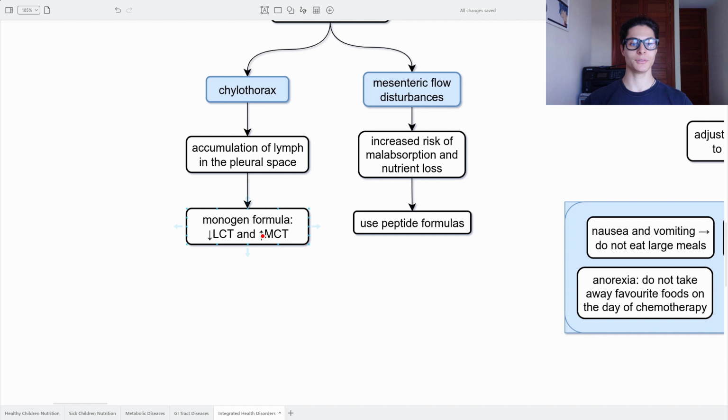Because if we don't do this, we are not going to be able to absorb those fats. Because if we do, they are going to go to the pleural space. Because long-chain fatty acids that come from triglycerides, indeed, they go through the lymphatic system. The MCTs do not. They go straight to the bloodstream because their absorption is different. That's why we give a lot more importance to the MCTs here.